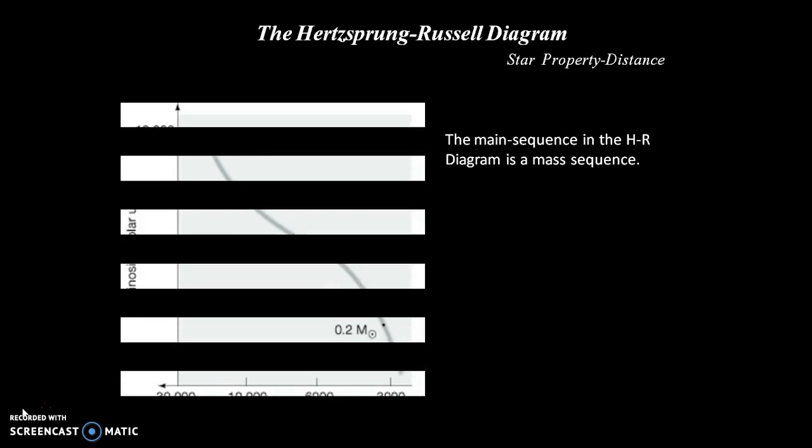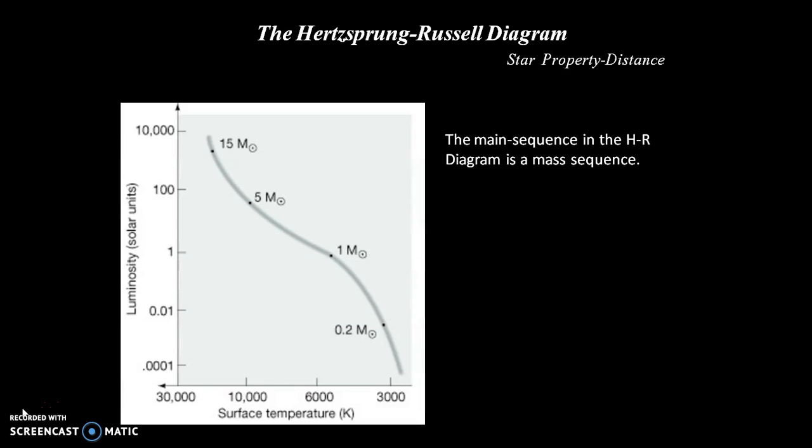For the stars on the main sequence, the relation of luminosity and temperature depends on the star's mass. This diagram demonstrates that the greater the mass, the brighter and hotter the star, and the higher up it is on the HR diagram. In other words, temperature, luminosity, and mass all increase and decrease together.